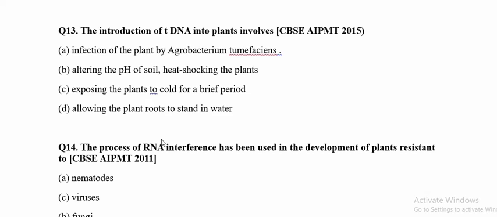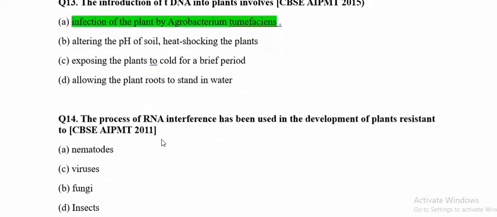As a result, the plant is infected with a tumor kind of disease, known as crown gall disease. From this we can understand that option A is the correct answer, because the introduction of tDNA into plant involves the infection of plant by Agrobacterium tumefaciens.